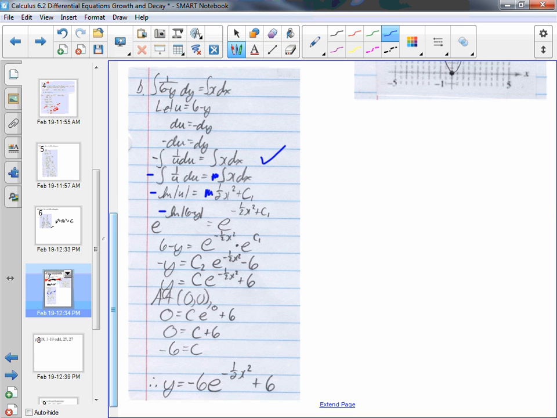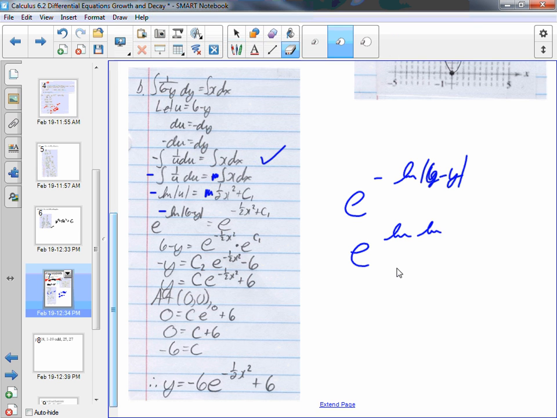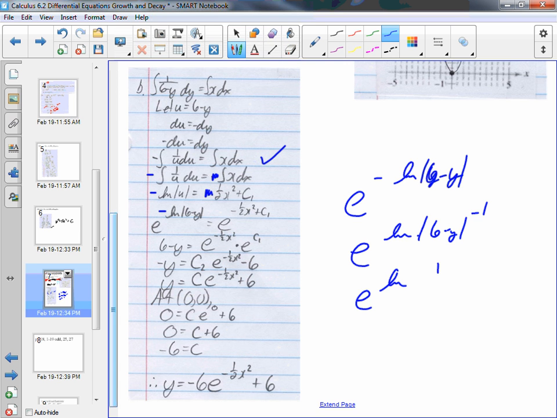If we leave it there, I've got 6 minus y. I've got to then do the natural log of the absolute value of 6 minus y to the negative 1. Make that e to the natural log of 1 over 6 minus y.